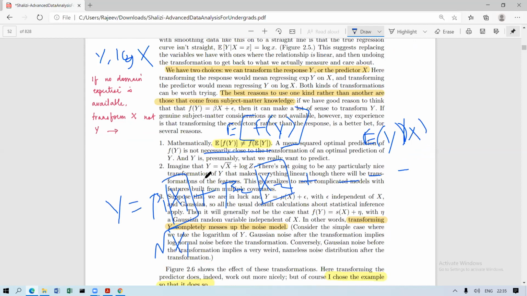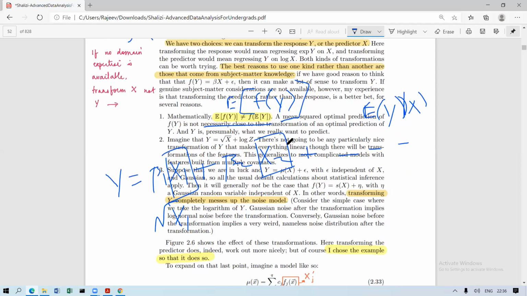So you have multiple options in how you want to transform x, but the same cannot be said about y, because there is no simple transformation for y, but there are simple transformations for x that you can have.